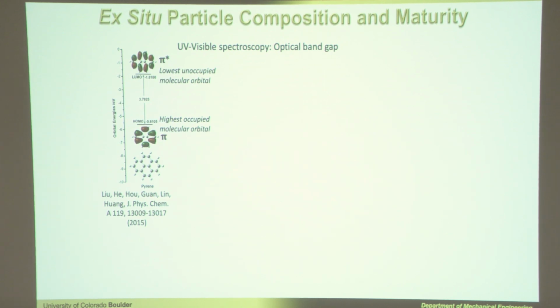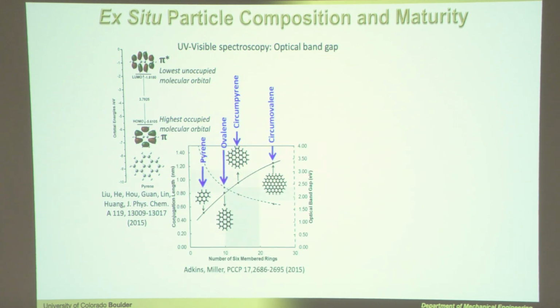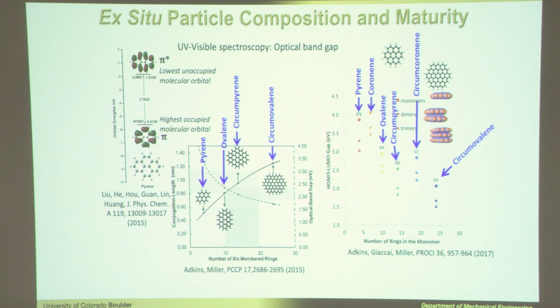Okay, so I think this might be the last of the ex situ techniques. Remember, optical band gap gives you information about the maturity of the particle. This is where people have extracted particles and looked at the maturity using the optical band gap technique, trying to sort out how big their species are in the flame.